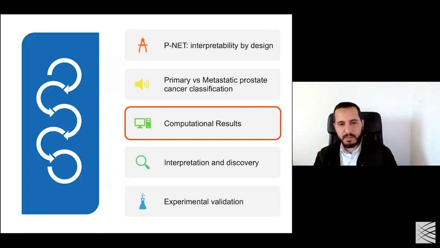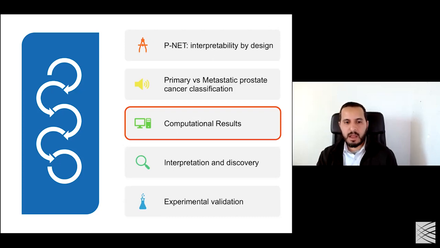So for the main experiment and for the results that I'll be showing soon, we used only the mutations and the copy number deletions and amplifications as input for the model itself. We tried using different data modalities like fusions and things like that. We didn't see that it changed the performance very much.